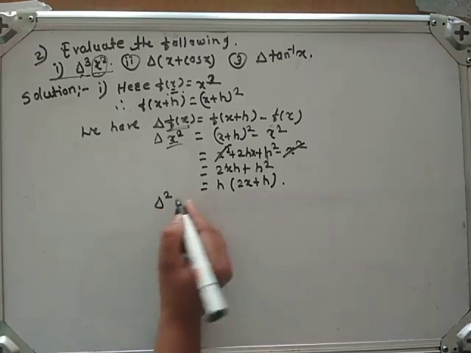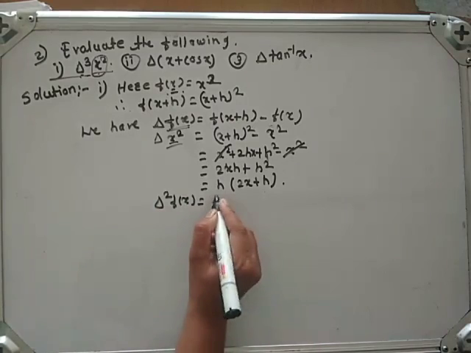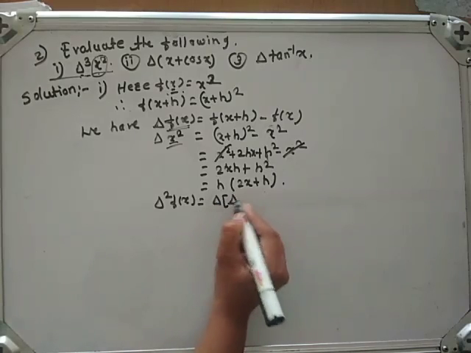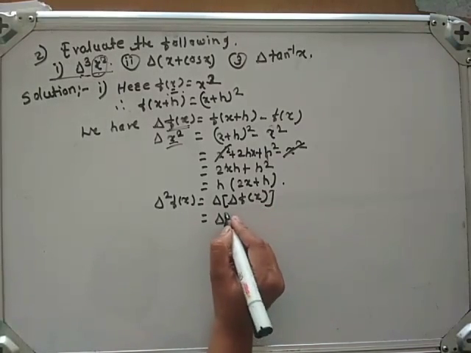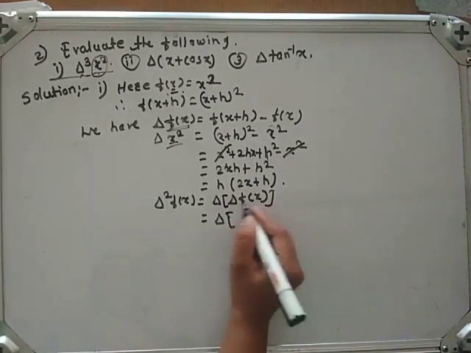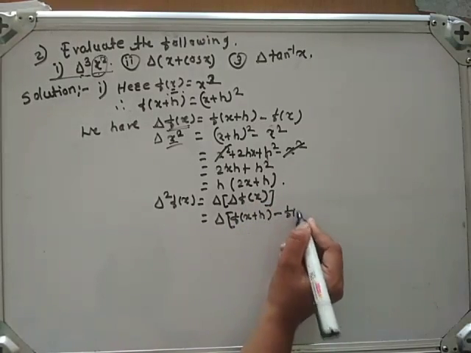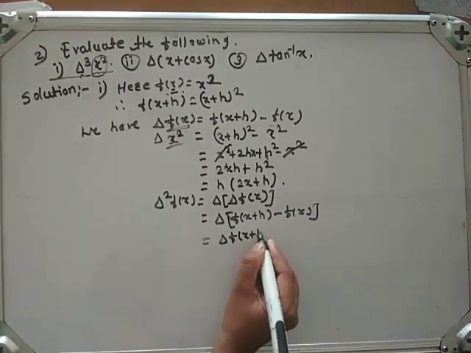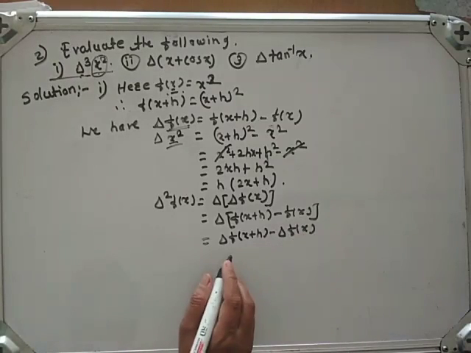Now we have to calculate delta square f of x. Delta square f of x is delta of delta f of x, okay, which is equal to delta of f of x, which is f of x plus h minus f of x, which is nothing but delta f of x plus h minus delta f of x, okay.